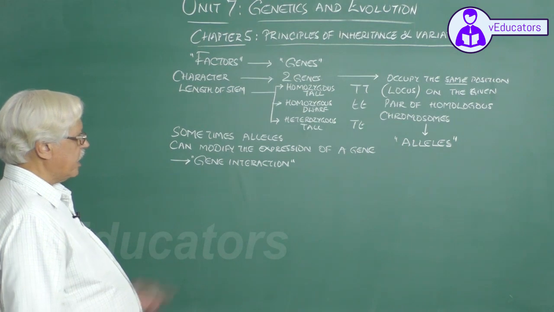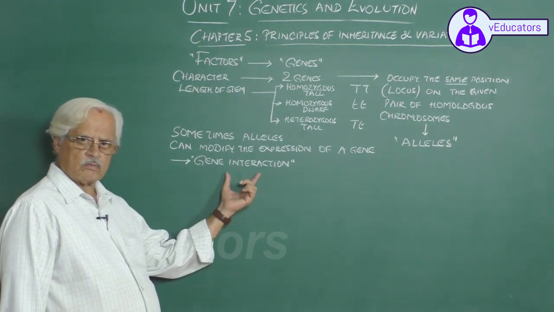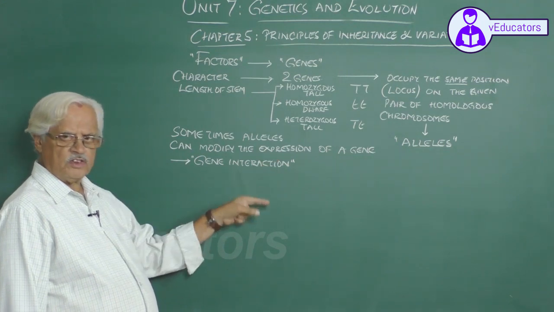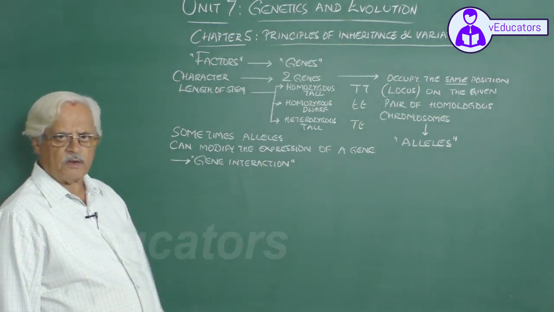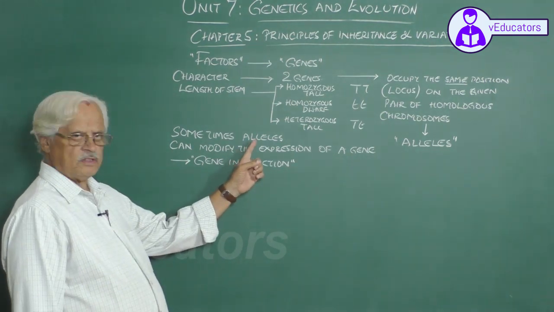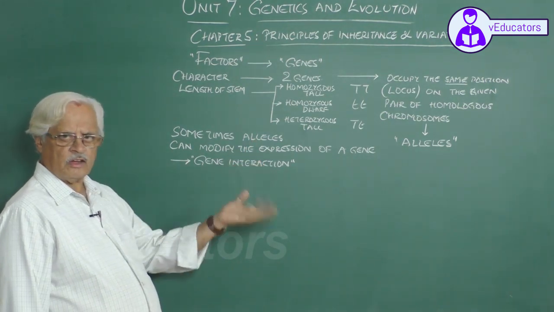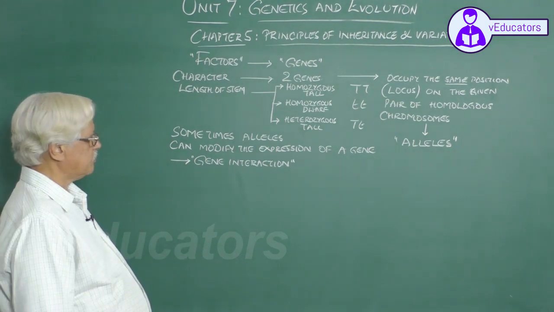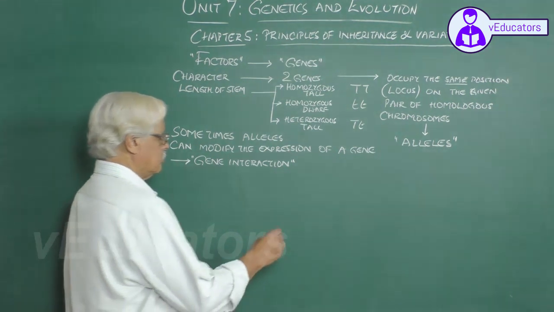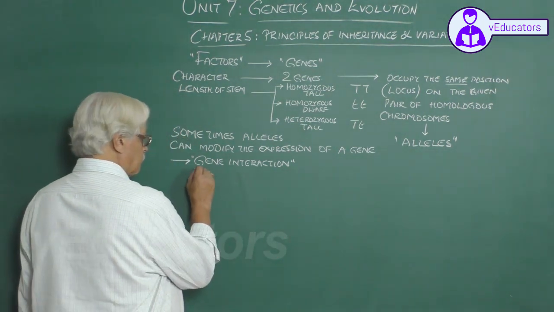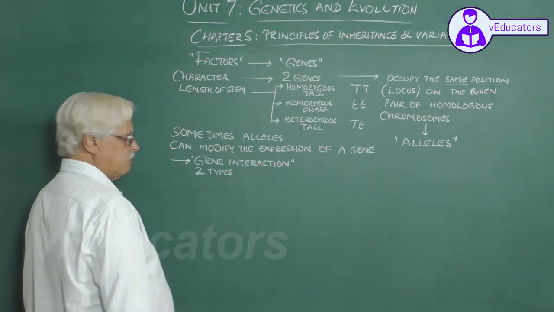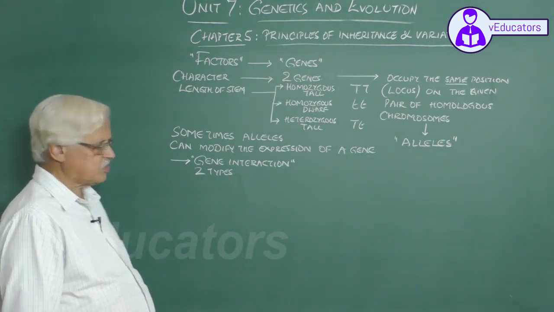So gene interaction can be defined as a phenomenon where the phenotype of a given gene can be modified by an allele of the same gene or an allele of a different gene. There are two types of gene interactions.